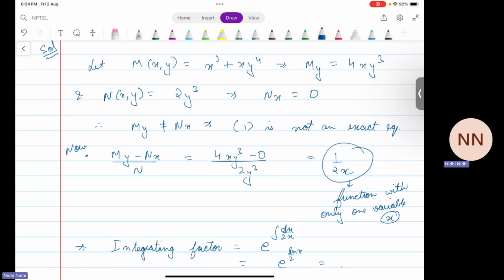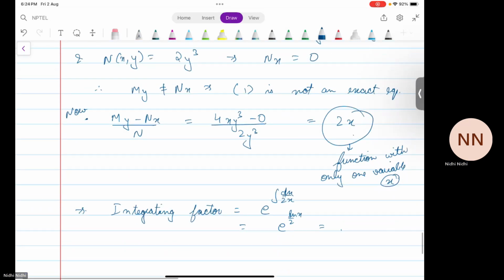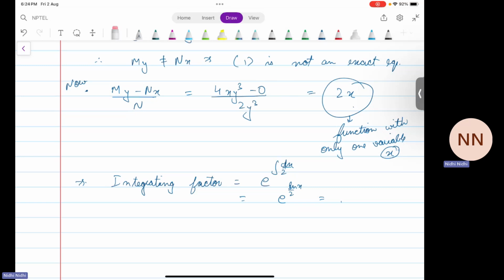So I just replaced M_y and N. Again, here also we have a function only in x, but this would be 2x. So this changes. This is the integral of 2x dx, which gives us e to the power x square. Our integrating factor is e to the power x square.